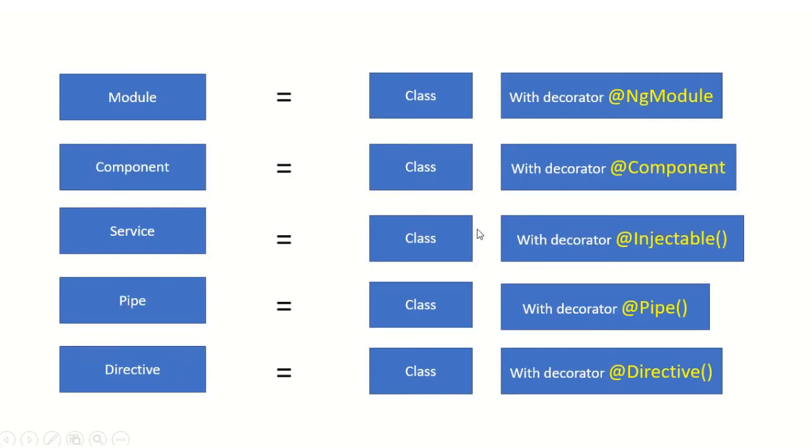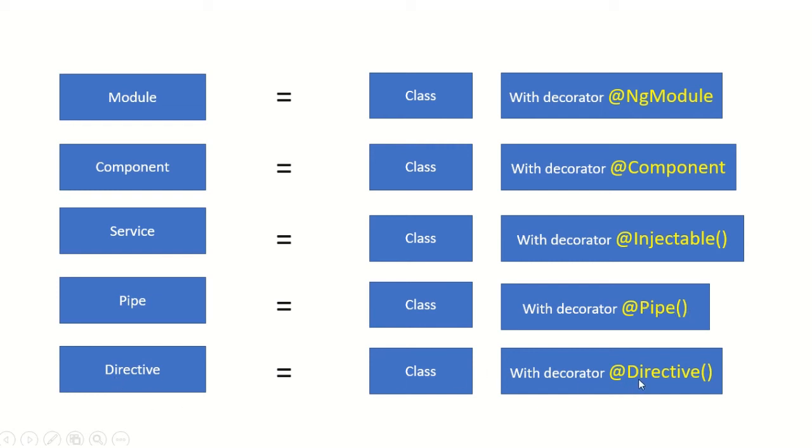Then we will see what the basic classes are. We are using module, component, service, pipes and directives. A module is a class with decorator NgModule. A component is a class with decorator Component. A service is a class with decorator Injectable. A pipe is a class with decorator Pipe.